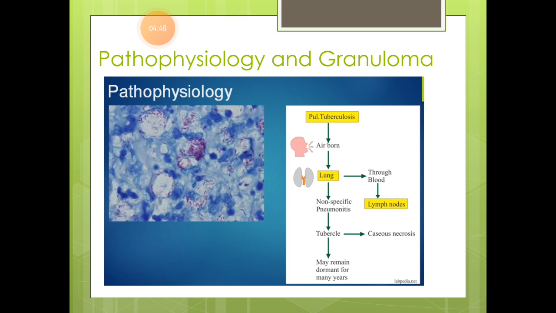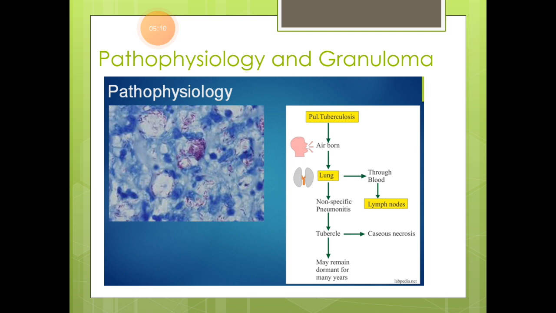Then you should study a bit more about the pathophysiology of TB, and importantly about granuloma. I have included a picture here to help you. Pulmonary tuberculosis I have mentioned here. It's an airborne disease caused by Mycobacterium tuberculosis bacteria.